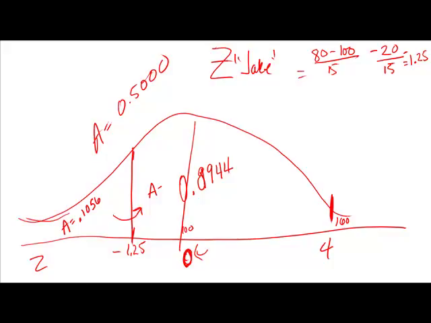Now, we can do a lot more with this concept of z-scores if we add in probability. So let's think about it this way. If I received 144, I'm just going to round up to 145 for math's sake.